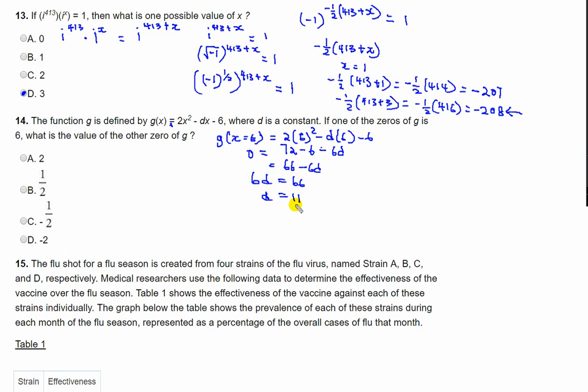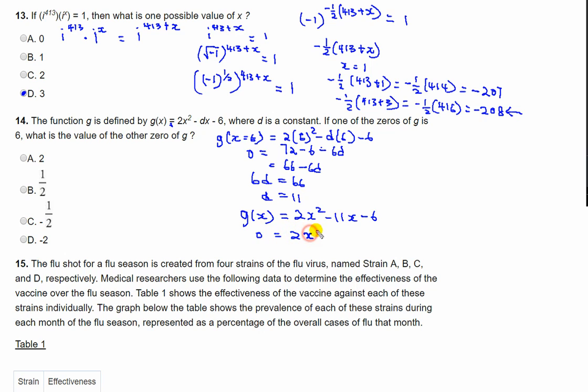Now let's substitute d equal to 11 into this function. Therefore, the function g of x equal to 2x squared minus 11x minus 6, and we want the zeros, when this becomes 0 again.